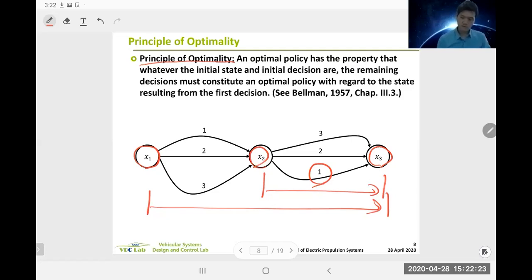So if, for example, we solve the sub-problem going from x2 to x3, and it is this one, then going from x1 to x3 must include this solution, which means this will be the solution, right? Isn't that obvious?